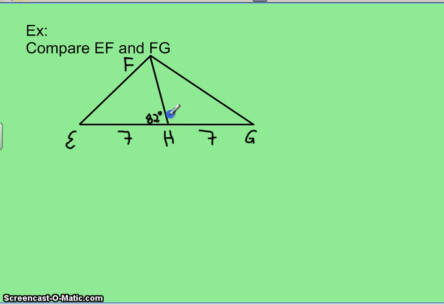Well, I think that would be 98. Then for this angle, we're supposed to compare the sides opposite of these two angles. And if the larger angle is 98, then that means that FG is going to be bigger than EF.